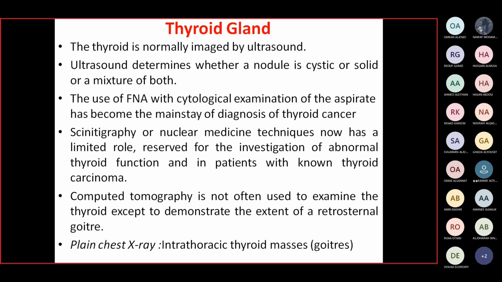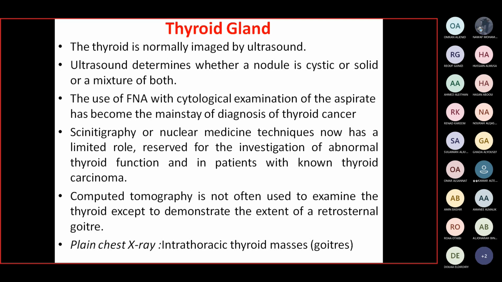CT is not used commonly in assessment of the thyroid gland unless there is extension of the thyroid, a retrosternal goiter. Previously, they used something called a thoracic inlet X-ray to assess retrosternal extension of the thyroid gland.